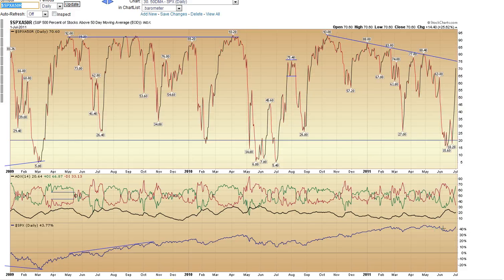Now, if you fast forward to July, you can see here that this indicator is almost about to touch this trend line, and yet the market is now finally starting to show some of that weakness.